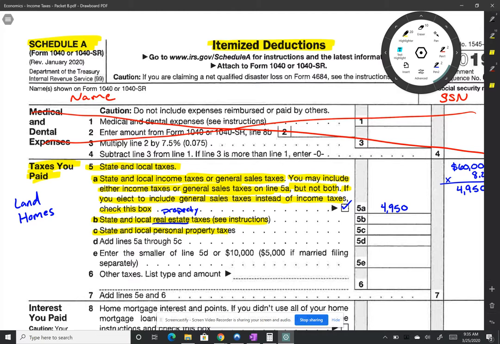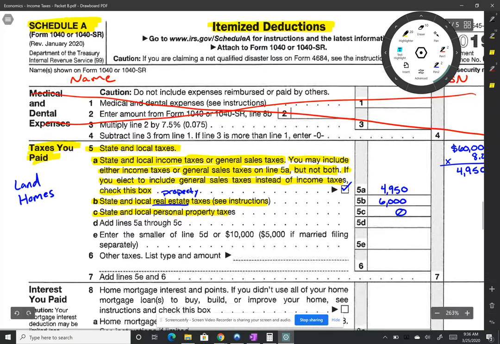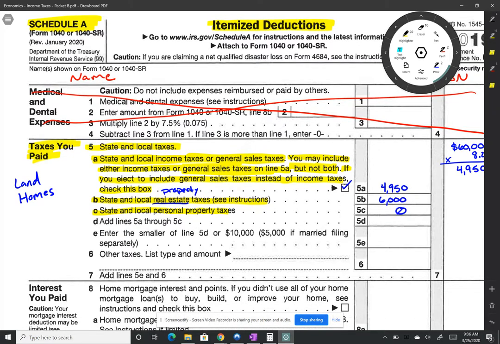We're not going to have any personal property taxes, so that's going to be a 0, right? So real estate taxes, let's say this is going to be in the fact pattern. I'm going to make it, let's say they paid $6,000 in property taxes. Okay, this past year, this person paid $6,000.